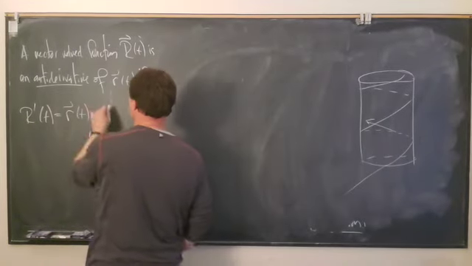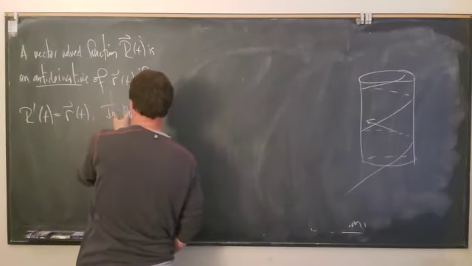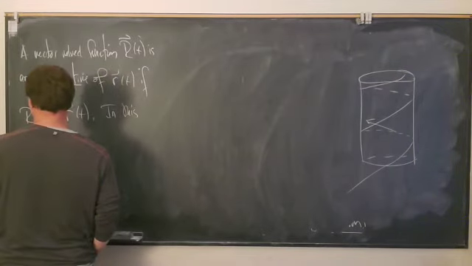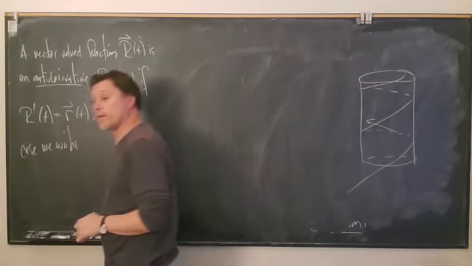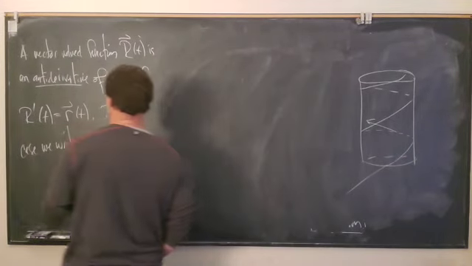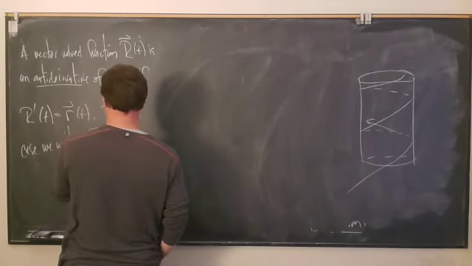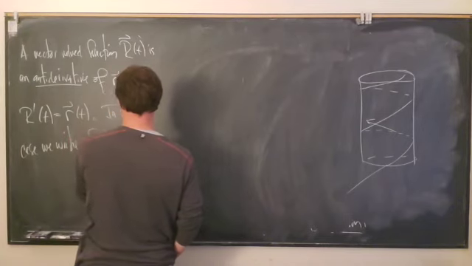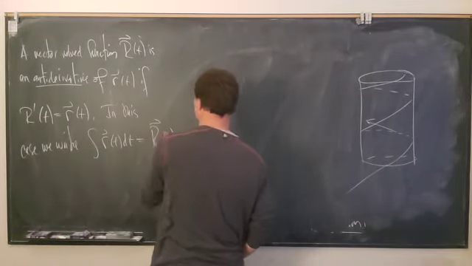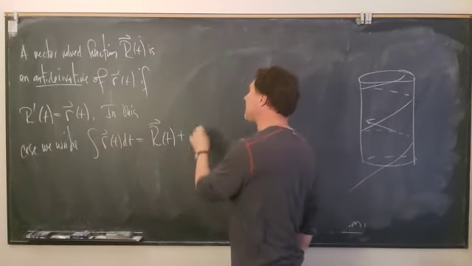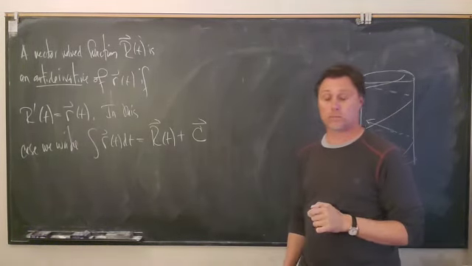In this case, we use the usual antiderivative notation, so we would write antiderivative of little r of t dt equals capital R of t plus c, where now c is a vector.